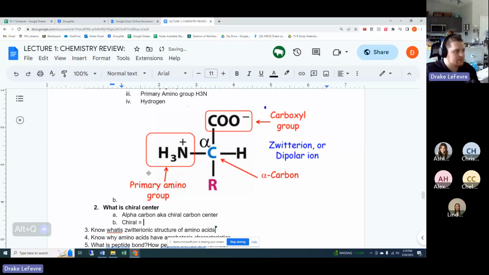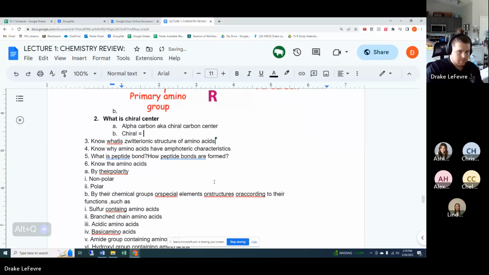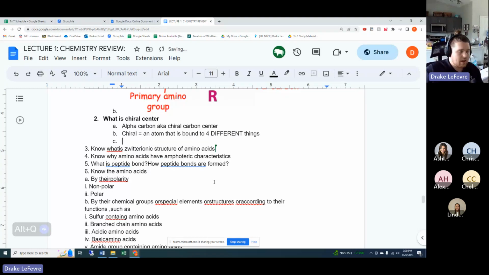You can tell me what chiral means. Bonded to 4 different things. Yeah, so it is bonded to 4 different things. So every single amino acid has a chiral center, except for which one?